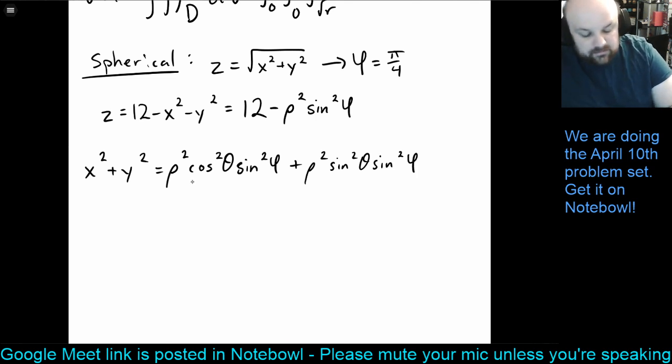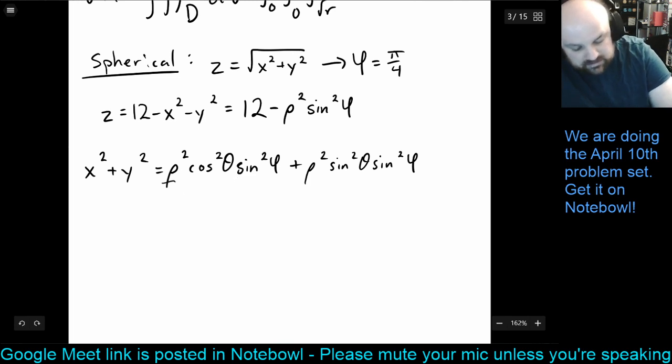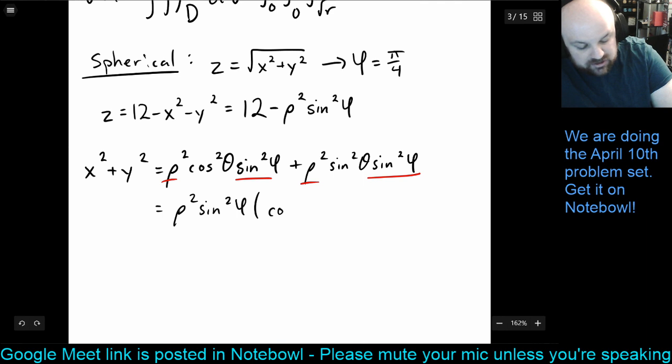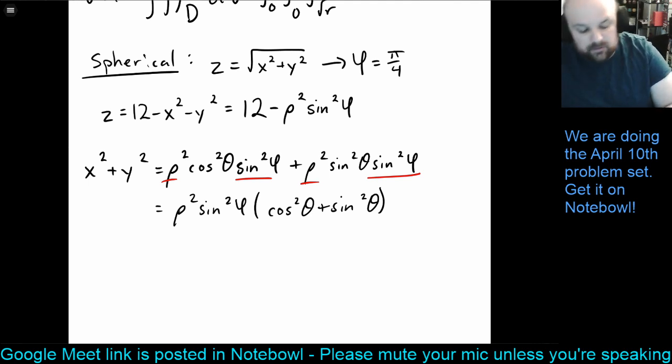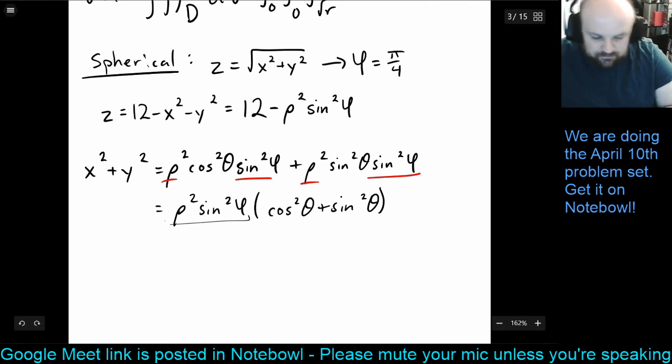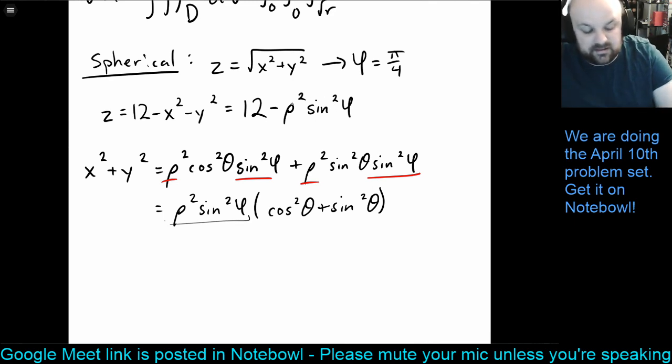So here, we can factor out the rho squared sine squared phi. And we're just left with cosine squared theta plus sine squared theta, and we know that's equal to 1. So all we're left with is this. So that's this up here.